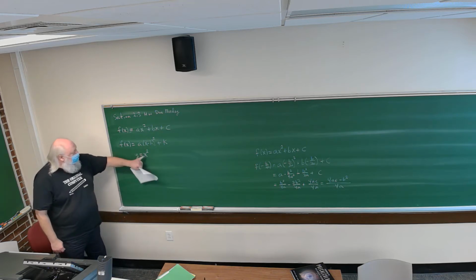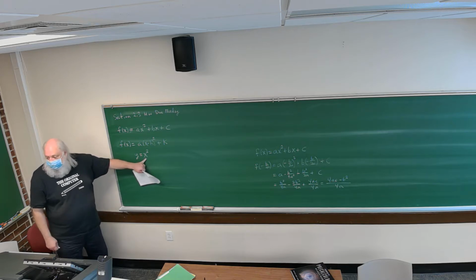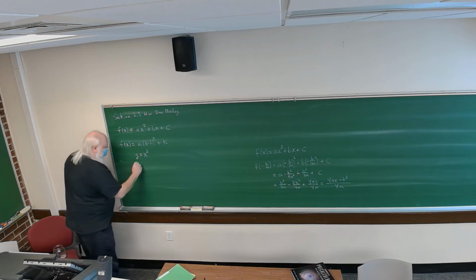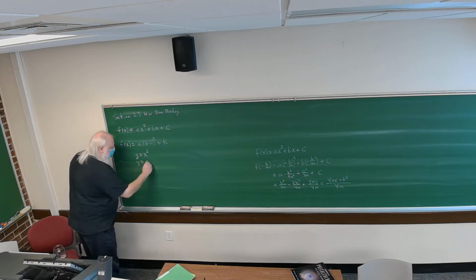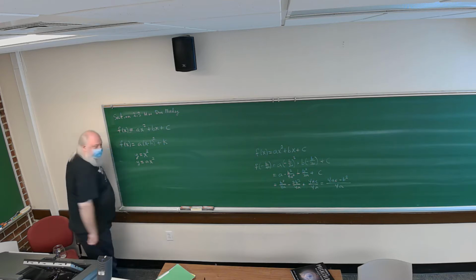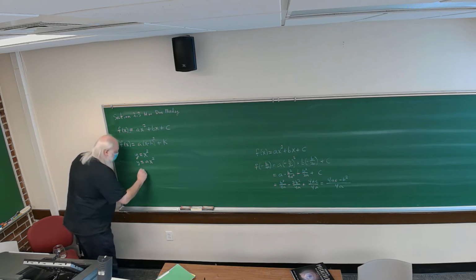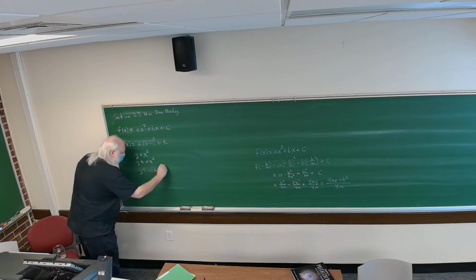All this is a transformation on y equals x squared. First you vertically scale this by a, so you have ax squared. Then you shift it horizontally h units, so you have a times x minus h squared.